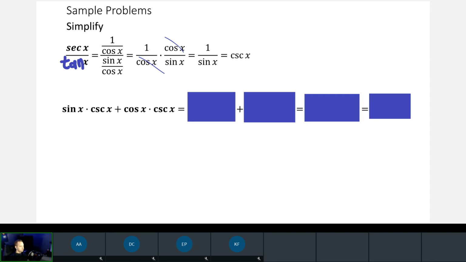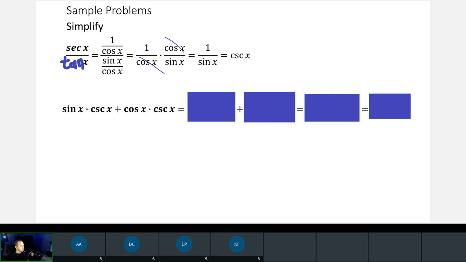You just got 2? Oh, just 2. So your final answer should have a trig function in there, like sine, cosine, tangent or something. There shouldn't just be a number. All right, cotangent of x.